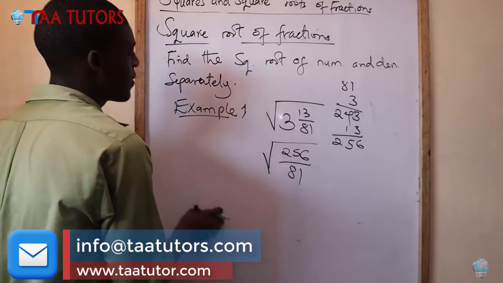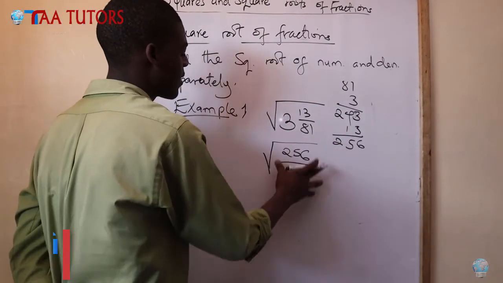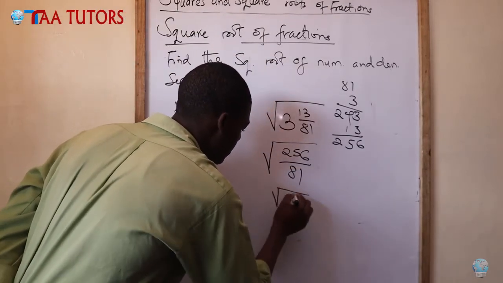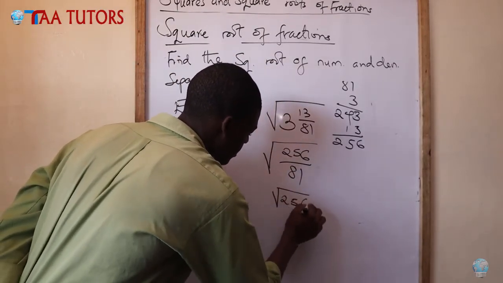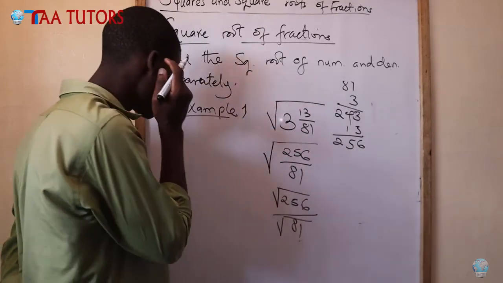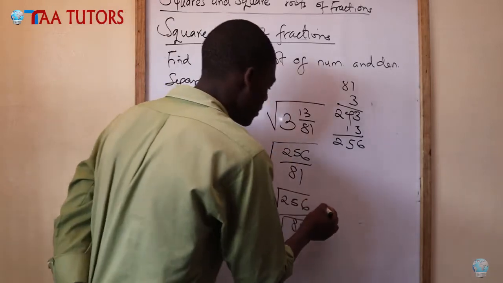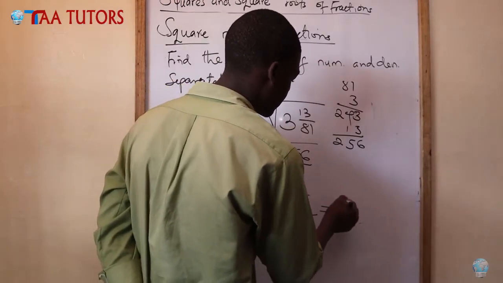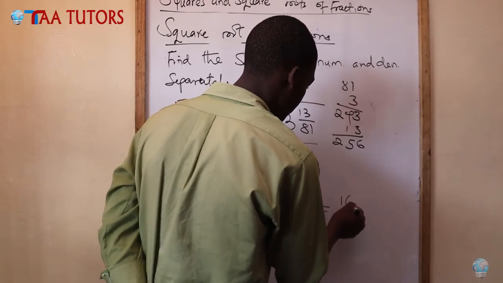But we've said we find the square root of the numerator separately and the square root of the denominator separately. So we will go ahead to have this, the square root of the numerator 256 over the square root of the denominator, that is 81. The square root of 256 is 16.